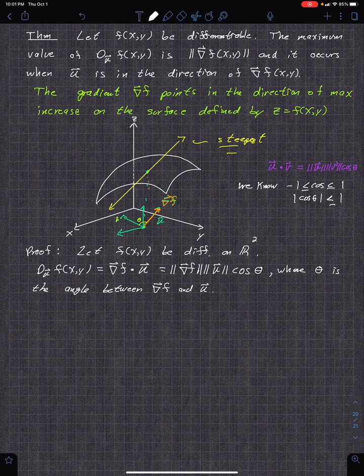So when is cosine theta maximum? When theta is 0, right? Cosine theta equals 1 if and only if theta is equal to 0, meaning there's no angle between them. It's the same direction. So that's your argument. It has to be the same direction.